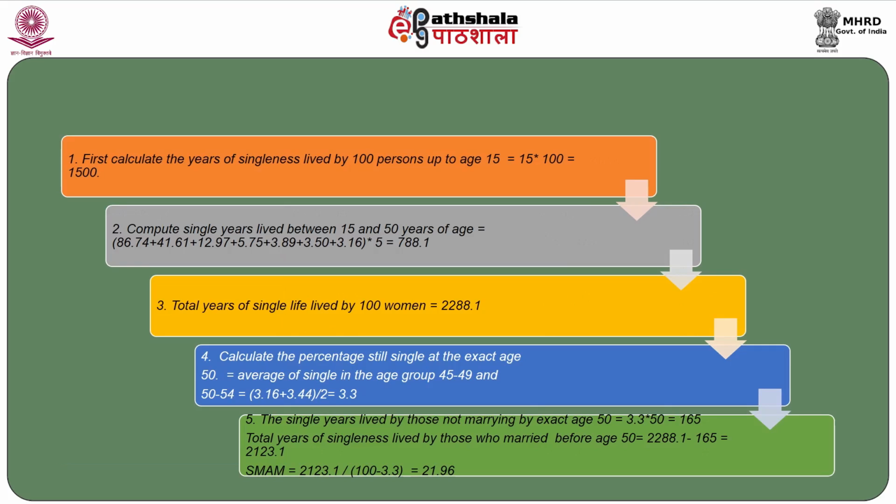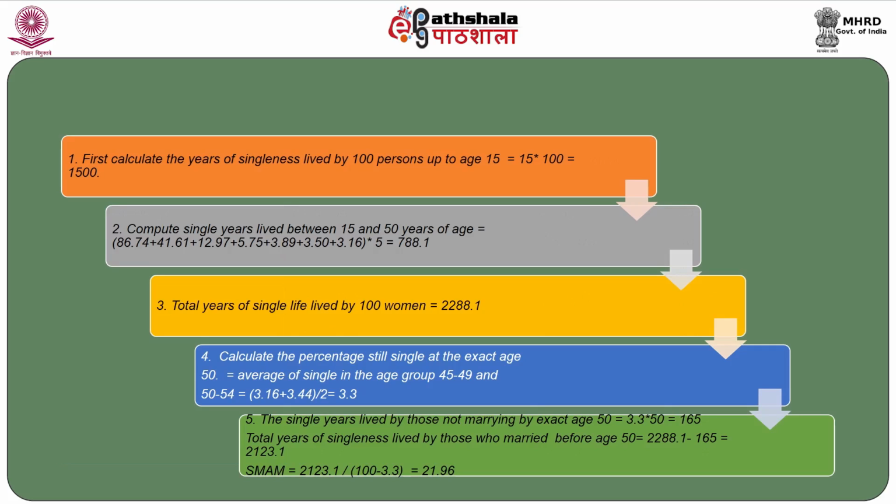So we have the data in the previous table, and using that table you can arrive at this. Step 3, total years of single life lived by 100 women. You can compute this. Step 4, calculate the percentage still single at the exact age of 50 years.